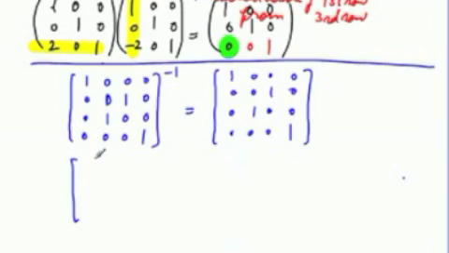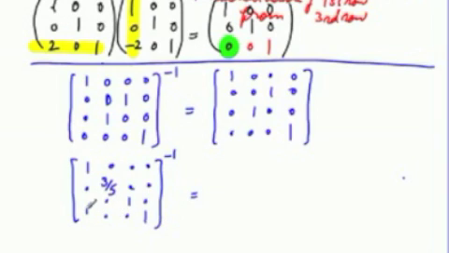Second type we saw is multiplication types. What's the inverse of that one? Just 5/3. Notice how different the activities are.